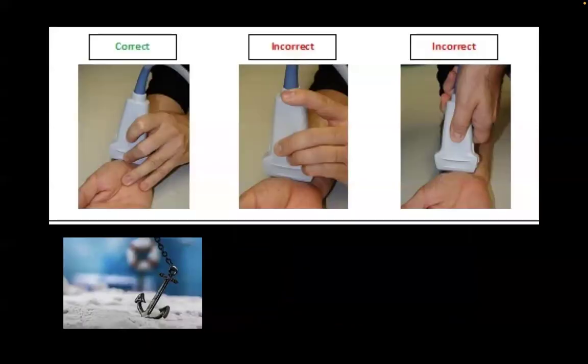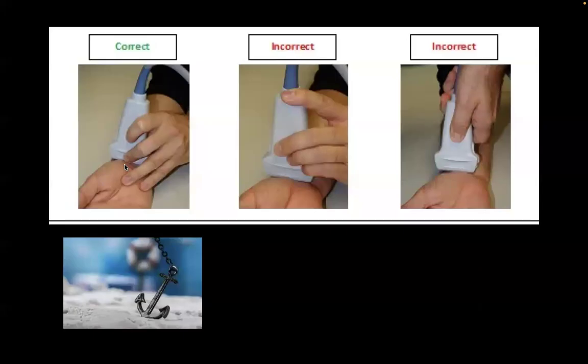The number one mistake that I see mostly in new learners of point of care ultrasound is that the probe is held incorrectly. I oftentimes see learners hold the probe like this, kind of like an ice cream cone, but remember to hold it like a pencil and anchor, putting the bottom of your hand on the last few digits and the side of your hand on the patient's body so that you can really anchor and brace yourself on the part of interest.